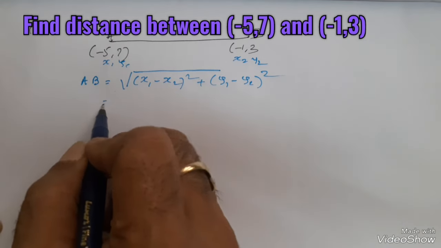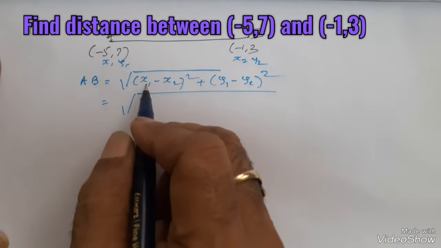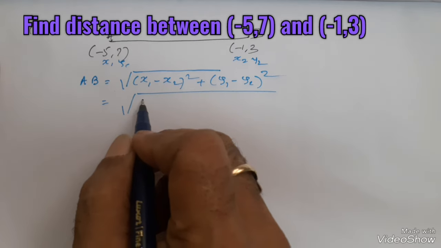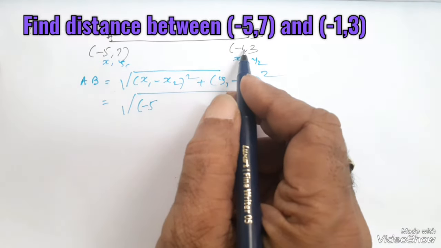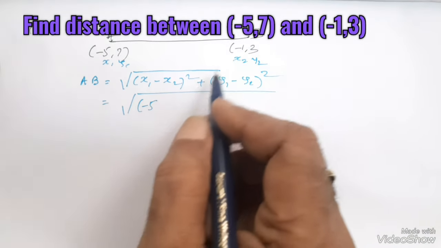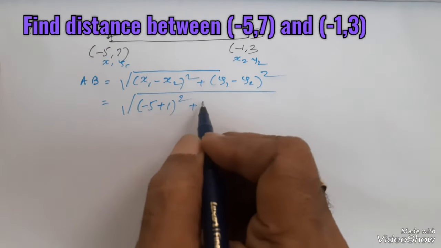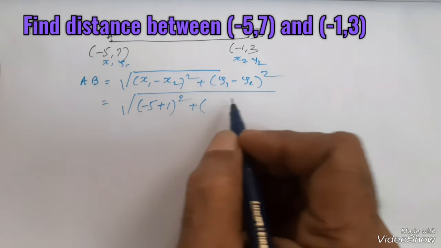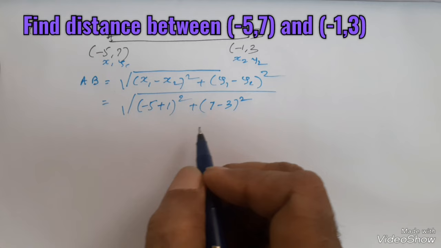Now substitute the values here. x1 is minus 5, x2 is minus 1. Here minus and here minus, so minus of minus is plus 1, whole square, plus y1 7 minus 3 whole square.